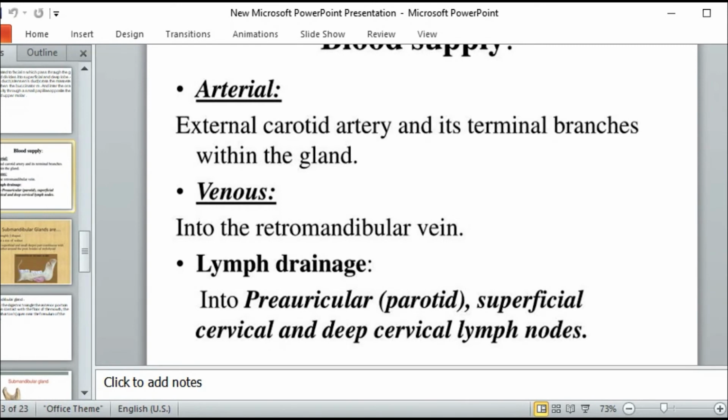The venous drainage is into the retromandibular vein. Lymphatic drainage is into the periauricular, superficial cervical and deep cervical nodes.